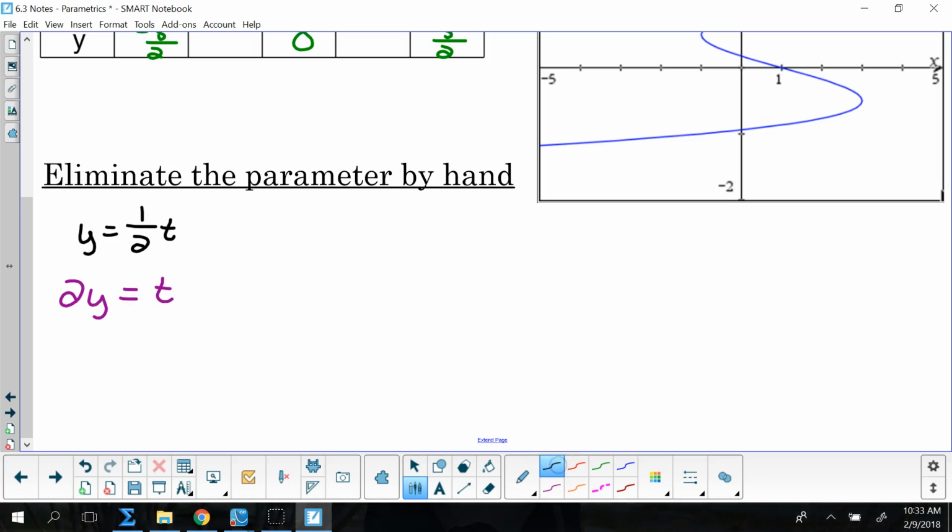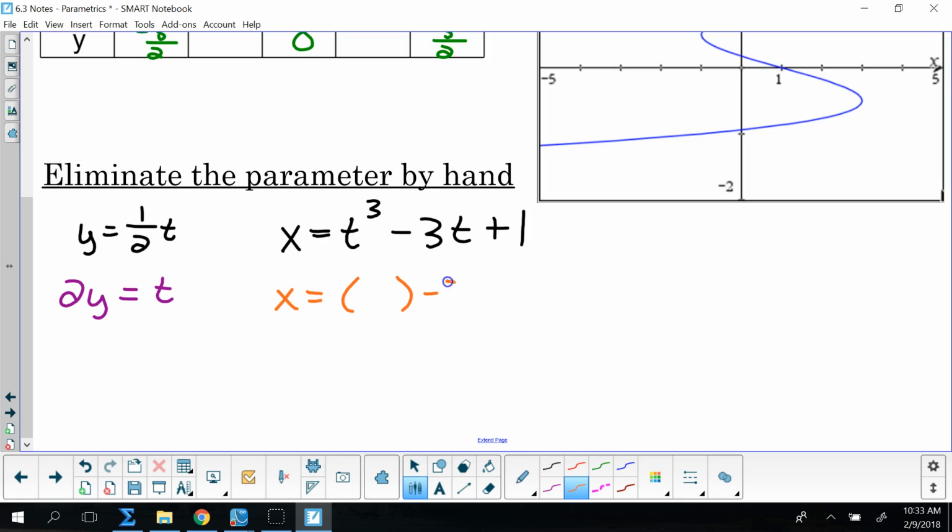And I plug that into my x equation, which was t cubed minus 3t plus 1. So that then is going to be x equals 2t cubed minus 3 times 2t plus 1. Oops, I forgot the cubed.